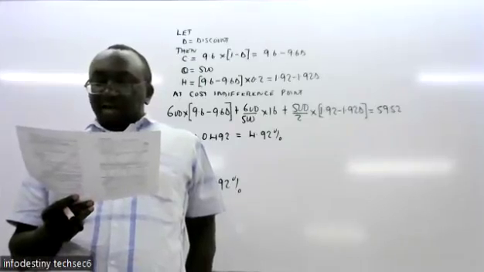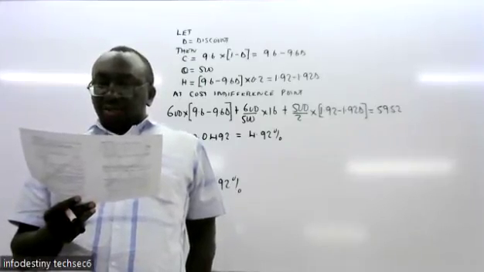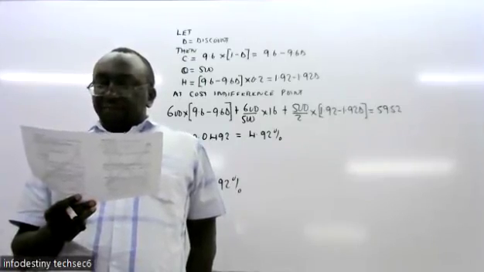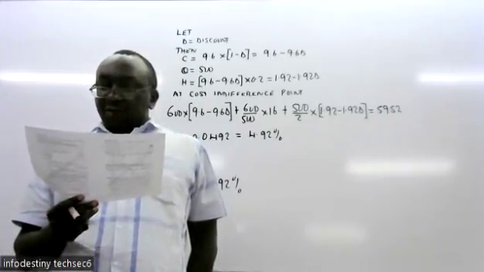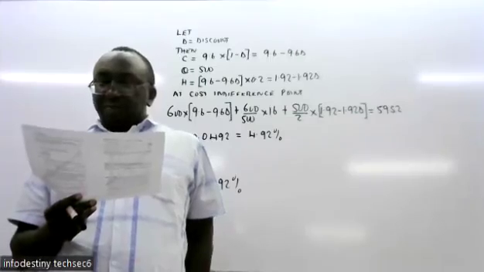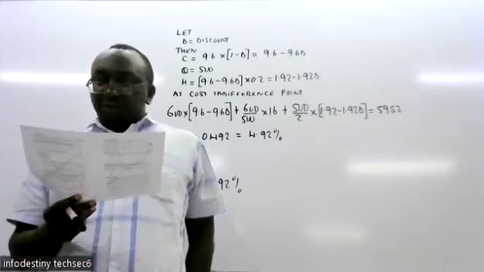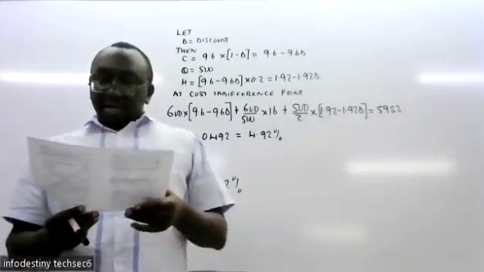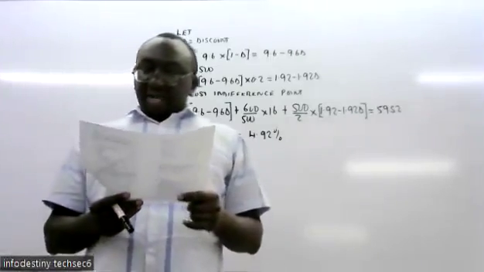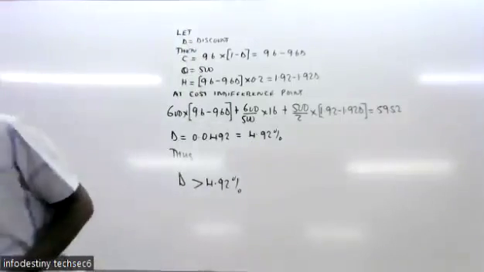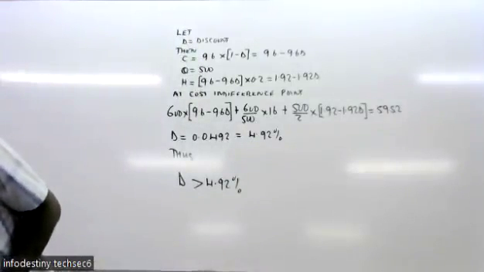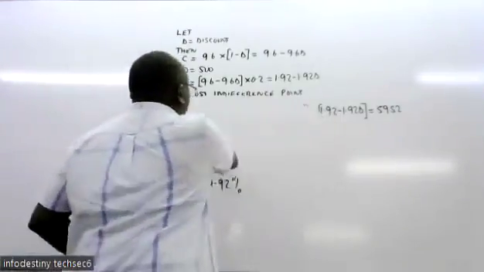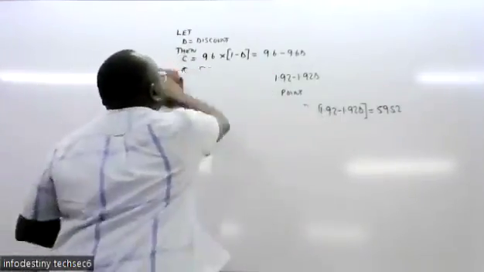The normal cost per gram is shillings 22, but the supplier offers discount of 1.5% on orders for 500 grams or more, and 3% on orders for 1,000 grams or more. You are required to determine the order quantity the manufacturer should adopt. Now, you can see in that question, there are more than one discounts.